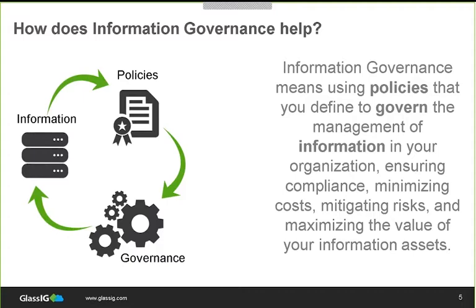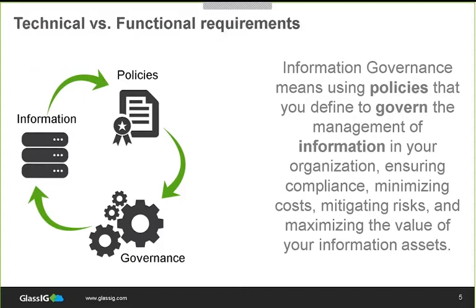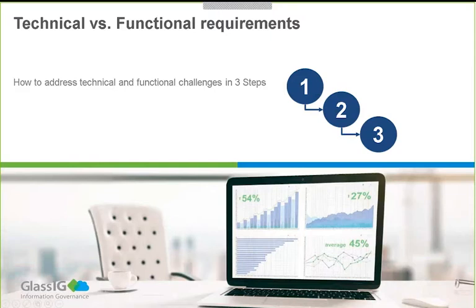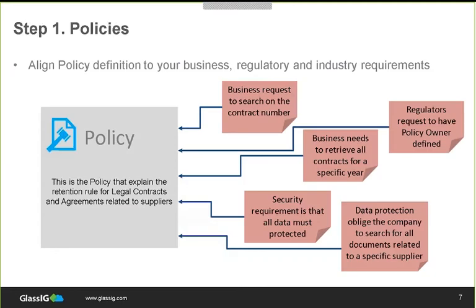So back to today's topic now. If we're going to weigh these technical and functional requirements back and forth in order to manage information in a compliant way, get access to the content that we need, filter very narrowly if there's that needle in the haystack we're looking for, how do we go about doing that? Well, at Glass, we take a 3-step approach. The first begins in policy.